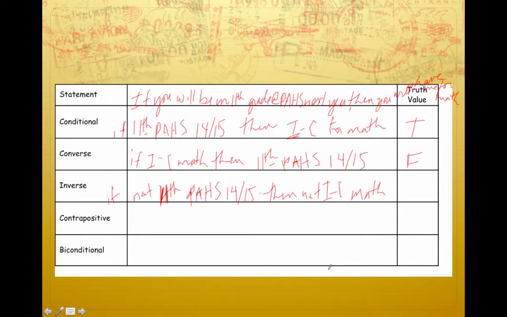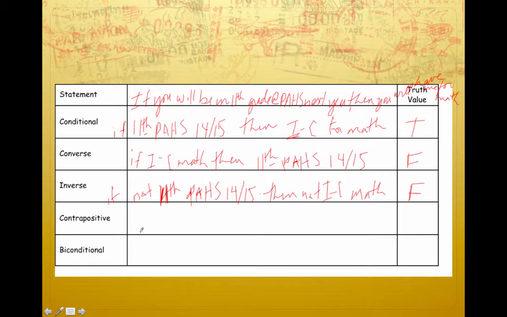Well, that's not true because someone who's in 9th grade this year and will therefore be in 10th grade next year will still have me for math, and they are not in 11th grade at PAHS next year, but they will have me for math. So that's an example where the hypothesis is true and the conclusion is false, so it means the statement is false because there's a counterexample.